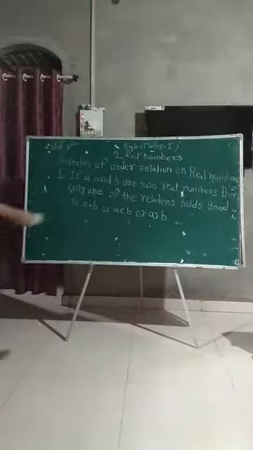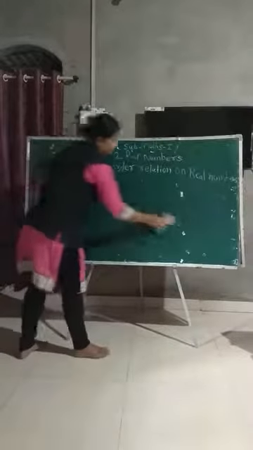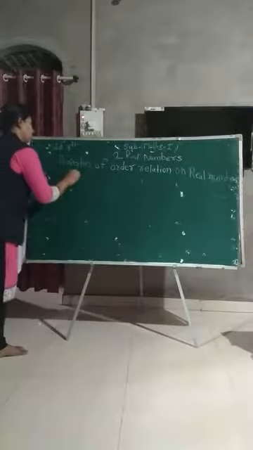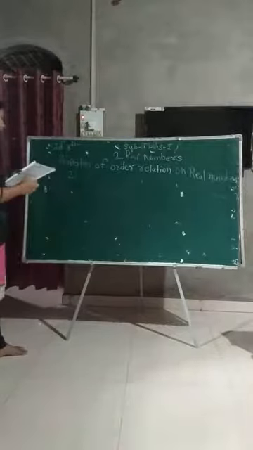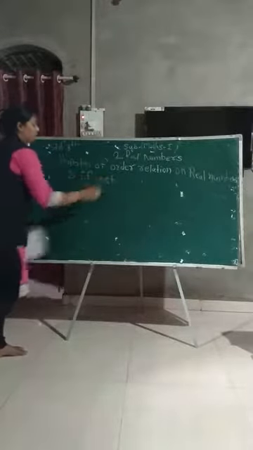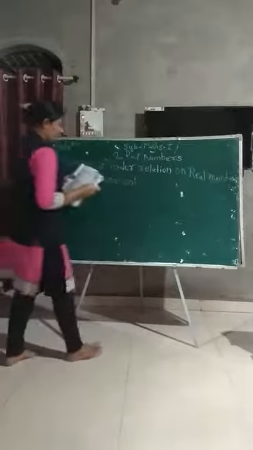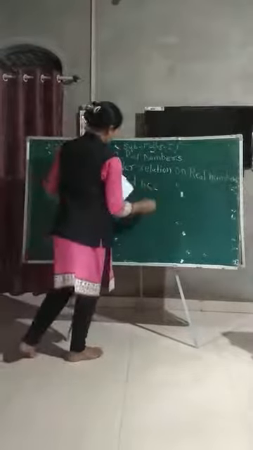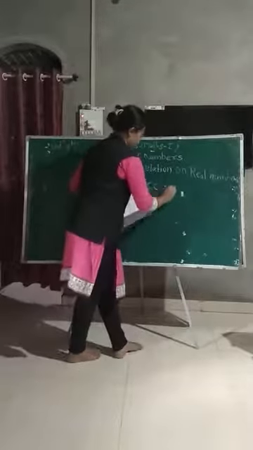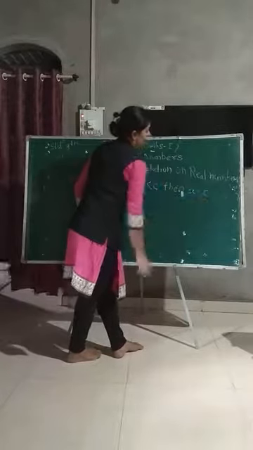Now see the next property. If a is less than b and b is less than c, then a is less than c.